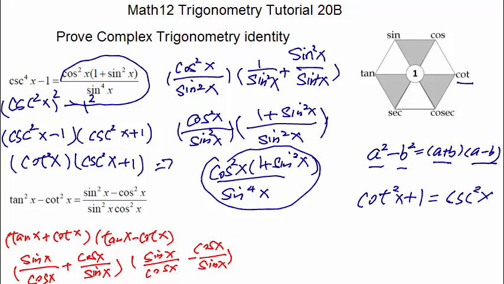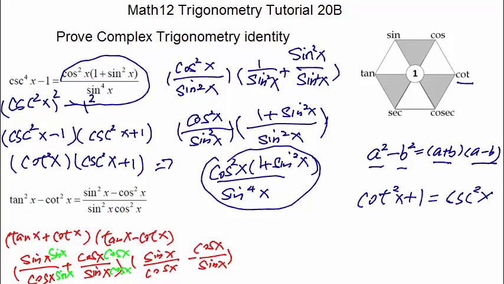Okay, let's see if it actually does something here. For the bottoms, we need a common denominator. So we multiply by sine function both top and bottom, and cosine function both top and bottom. So the bottom is sine x, cosine x, sine x, cosine x.